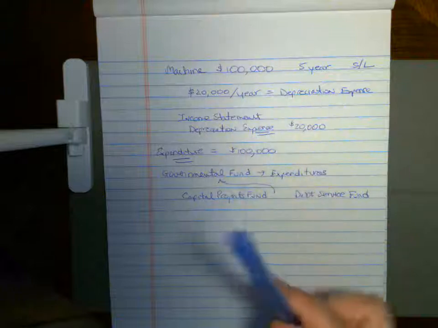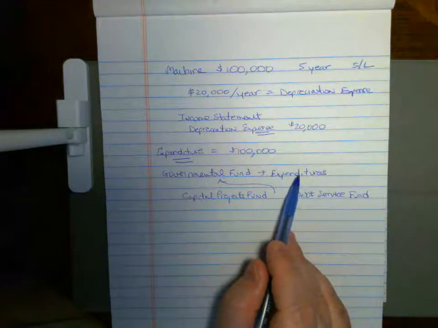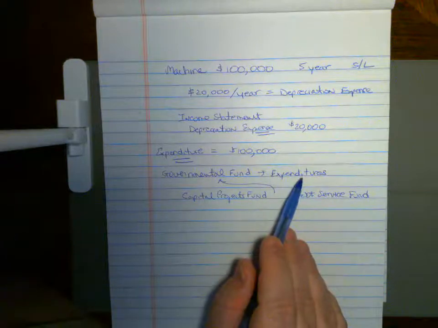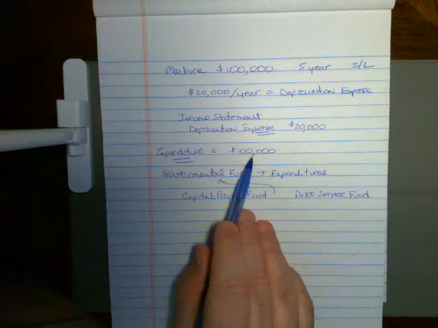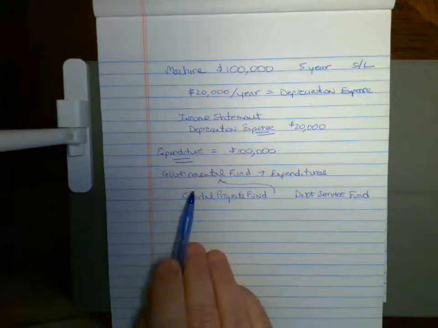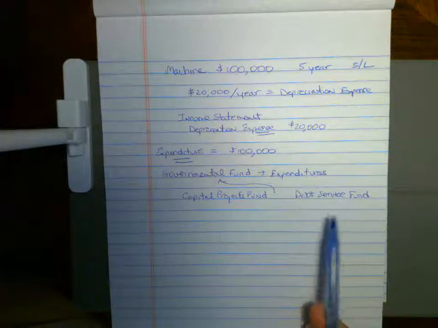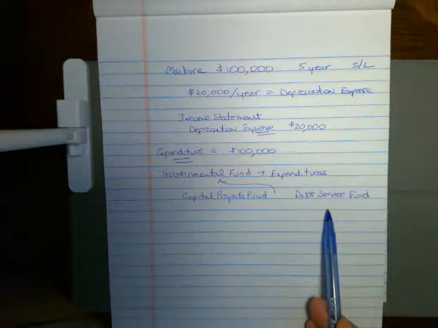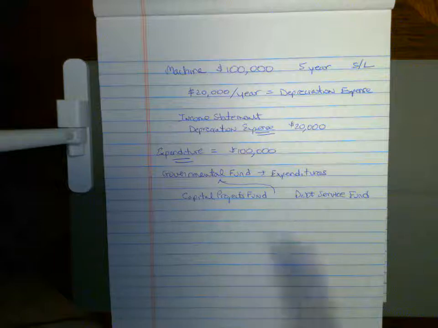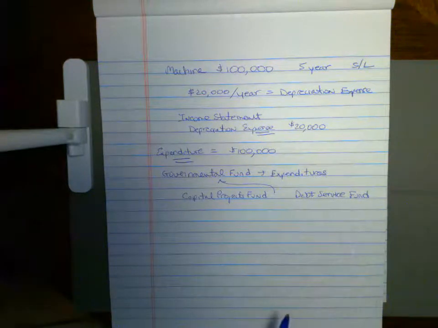But over in the governmental fund side, that's where we're going to be looking at the expenditures, not the expenses. And so we'll be looking at the $100,000, the full amount. Okay. And so if funds are needed to pay for the project, it's going to come from the debt service fund. So if it doesn't come directly from cash, then it would come from the debt service fund.